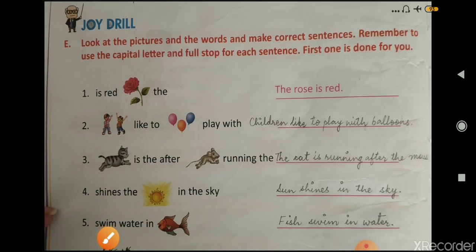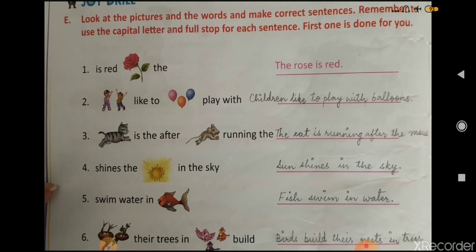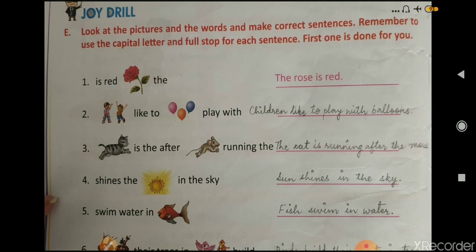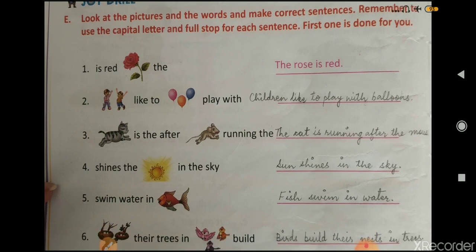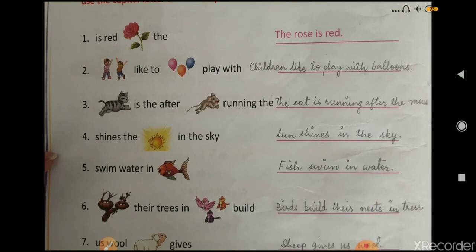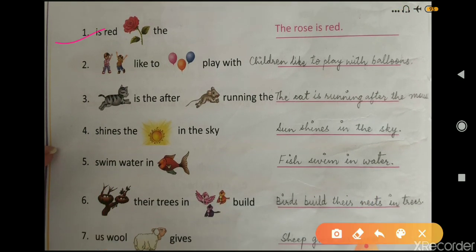Next exercise E. Look at the pictures and the words and make correct sentences. Remember to use the capital letter and full stop for each sentence. First one is already done for you. So first one is red, and this is a rose. So you have to write down, the rose is red. Next one, here you can see children like to, these are balloons, play with. So children like to play with balloons.